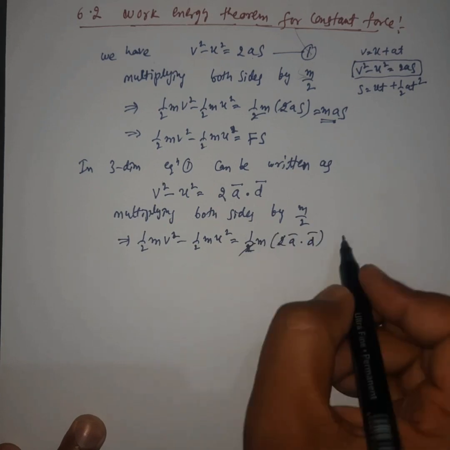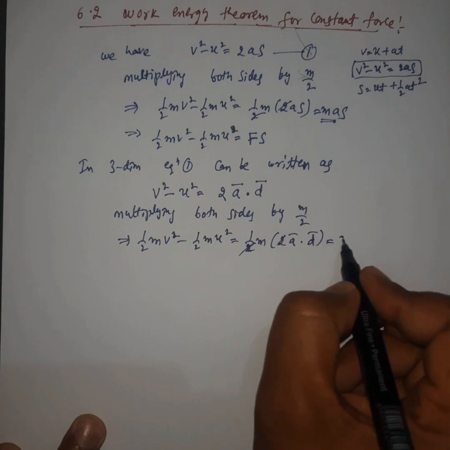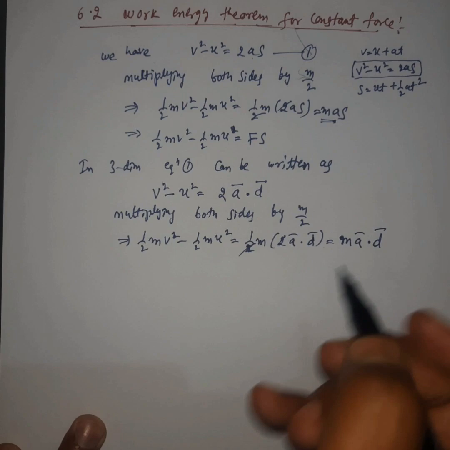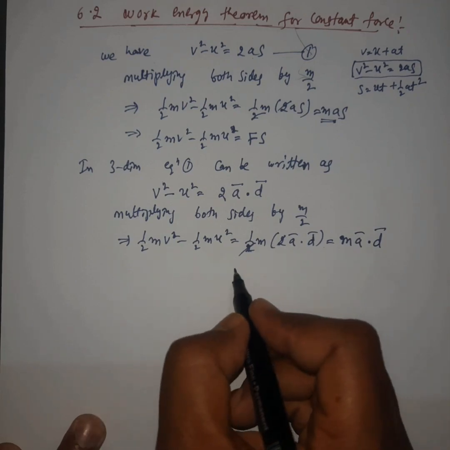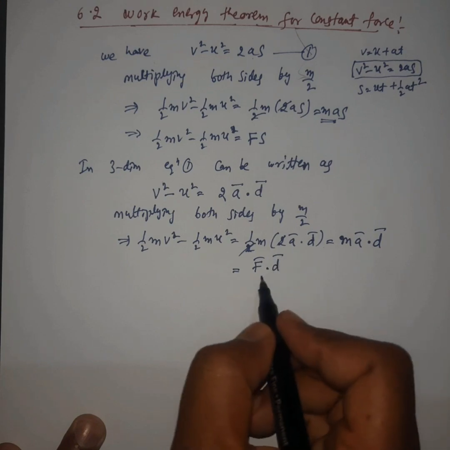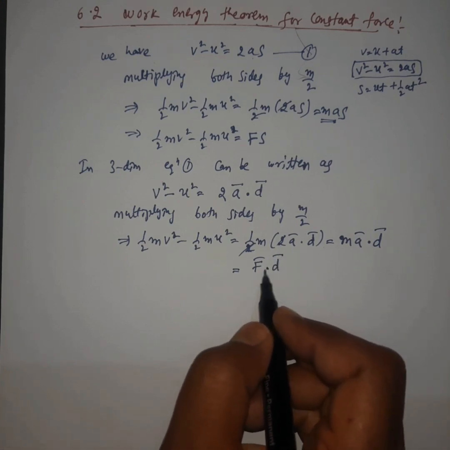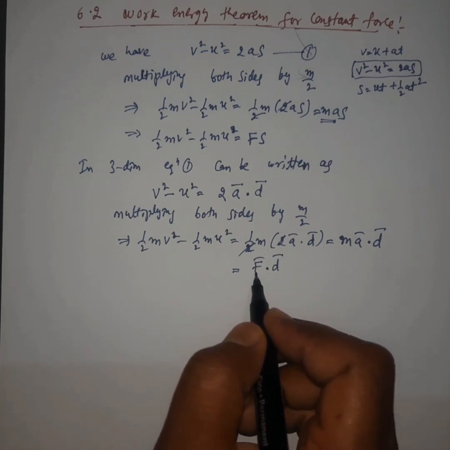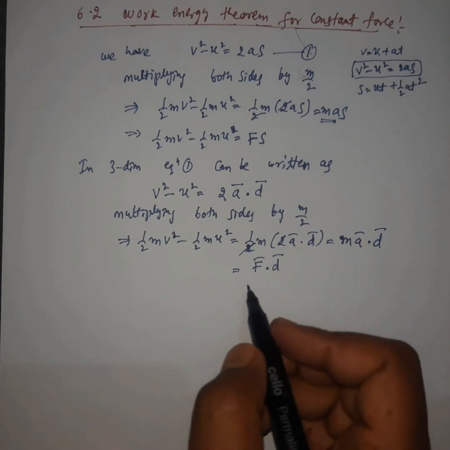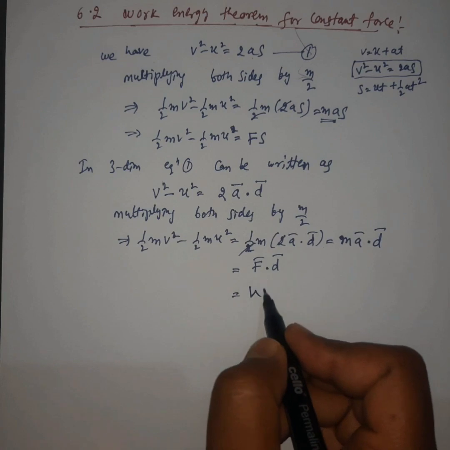Here 2 cancels, so it is written as m a bar dot d bar. According to Newton's second law, m a bar is F bar, so F bar dot d bar. The dot product of force vector and displacement vector is known as work done, that is the work done by the net force.